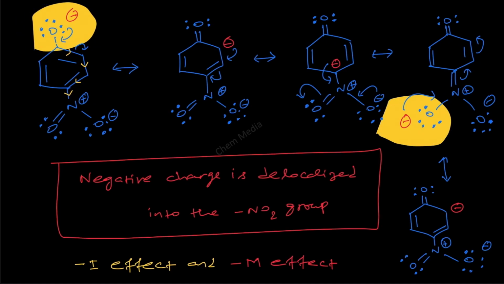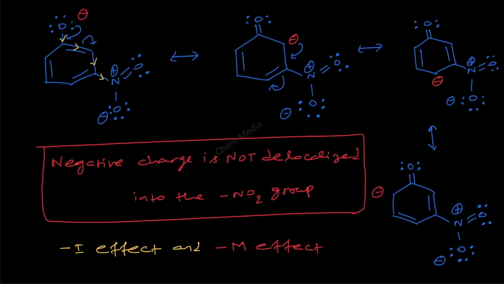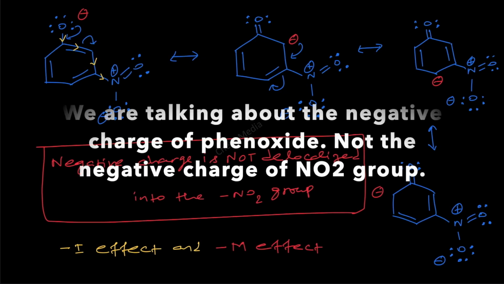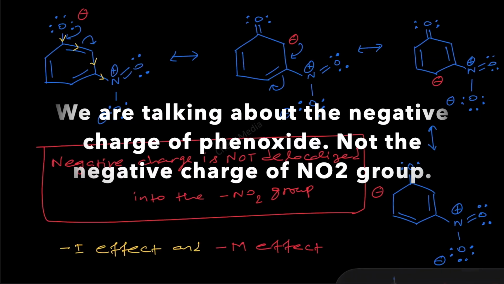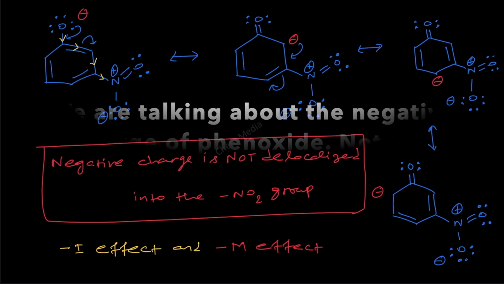On the contrary, if you compare paranitrophenol with metanitrophenol, which one will be more stable? Obviously, paranitrophenol will be more stable because if you look at the resonance structures of metanitrophenol, here the negative charge is not delocalized into the NO2 group. That's the key difference.